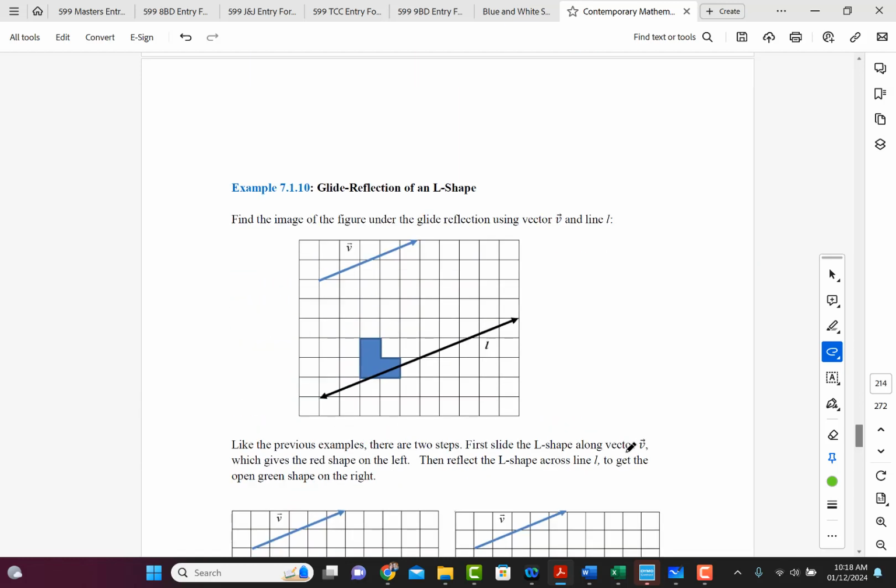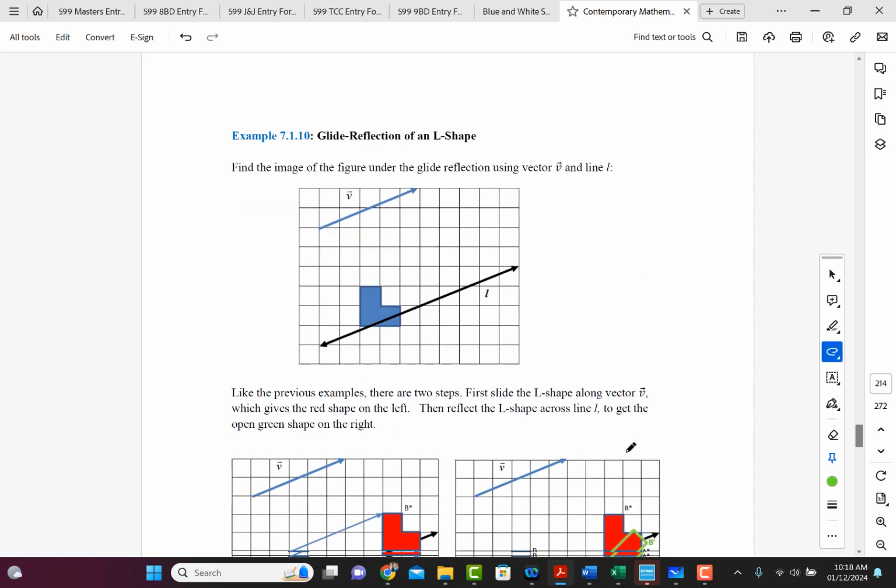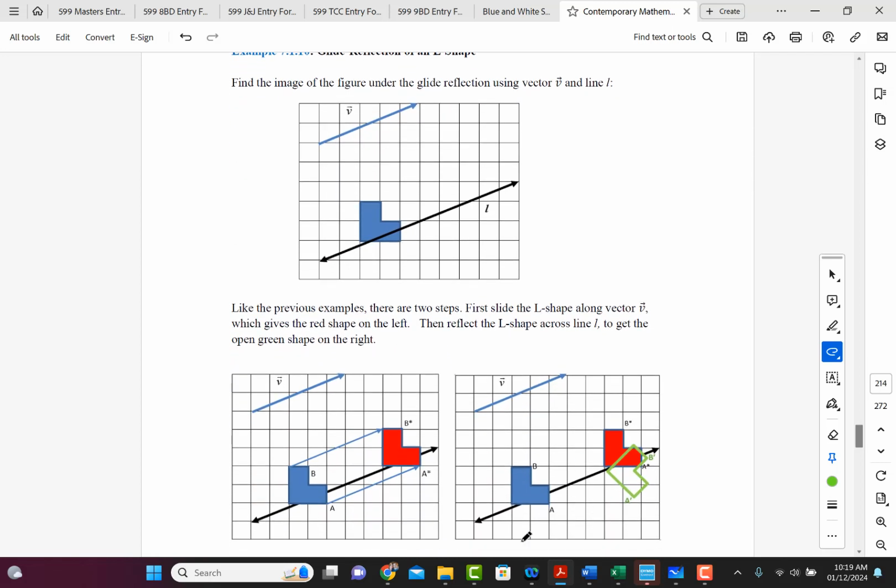Okay, so now let's look at this one. Okay, let's look at this example here. So again, we've got our vector, right? So it means this translation is going to move every point up 2 and to the right 5, right? So that's what we're going to do. So we're going to go up 2 over 5. And so I'm going to plot the points.